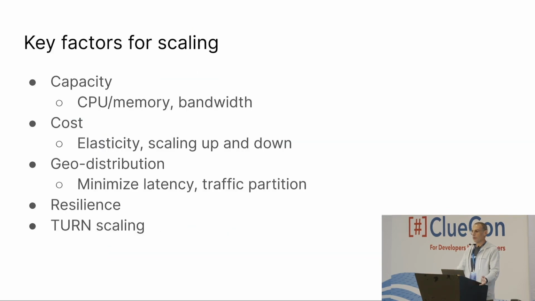So apart from the obvious capacity that you want to measure when you're scaling the infrastructure, there's the cost element, the cost minimization element, which typically boils down to the ability to be elastic. So to grow, not to have the largest possible infrastructure, but to be able to grow up and down depending on the load.